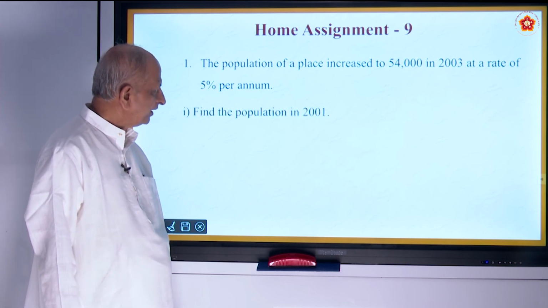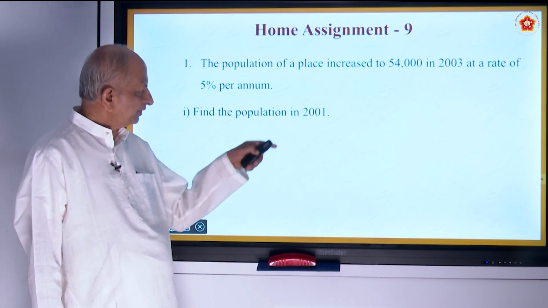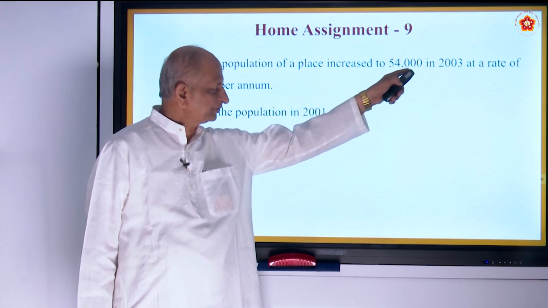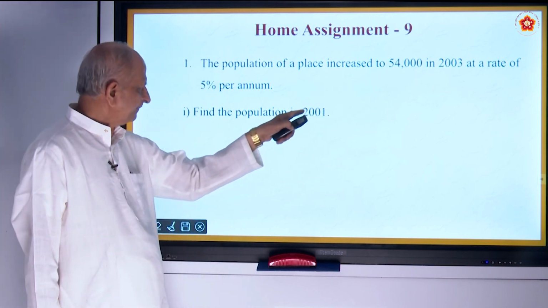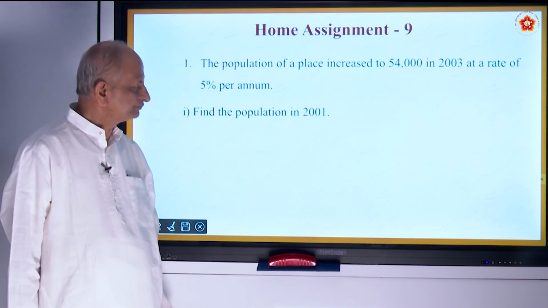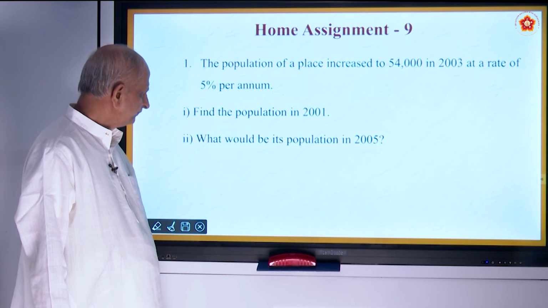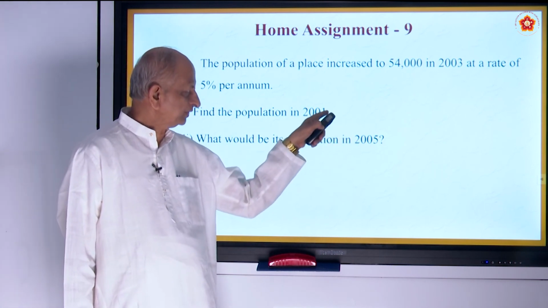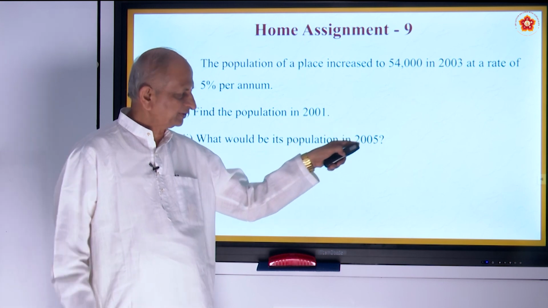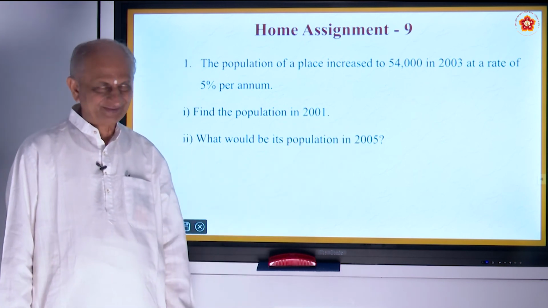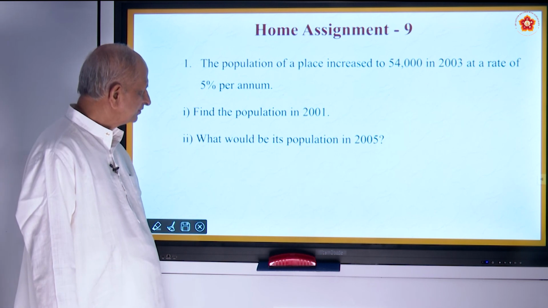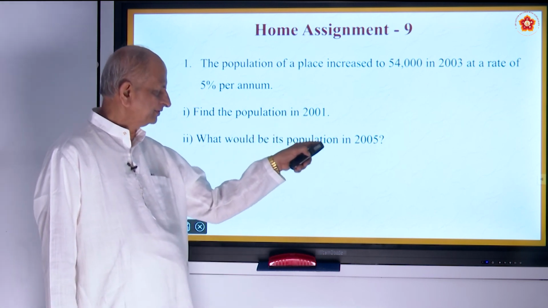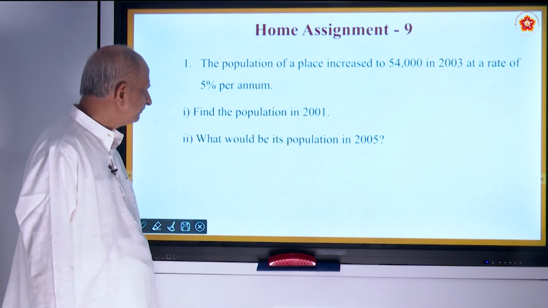Find the population in 2001. Okay. What would be the population in 2005? This is 2 years less. This is 2 years plus. Okay. So here you have to use the minus formula. Here to use the plus formula.